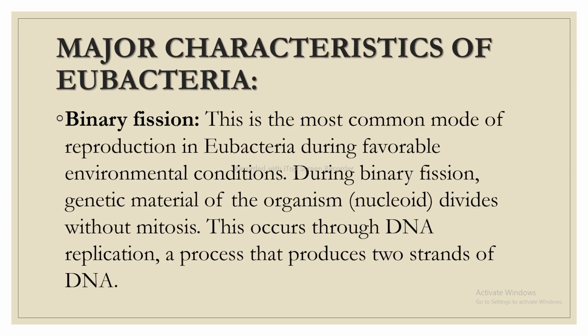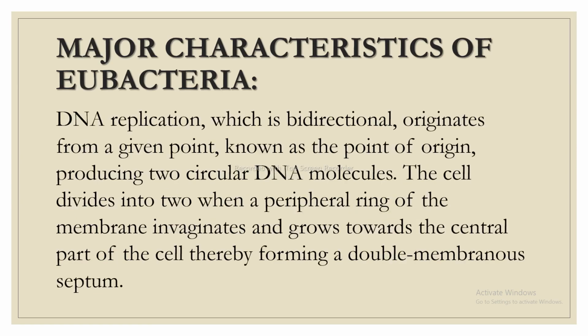During binary fission, the genetic material of the organism, or nucleoid, divides without mitosis. This occurs through DNA replication, a process that produces two strands of DNA. DNA replication, which is bidirectional, originates from a given point known as the point of origin, producing two circular DNA molecules.